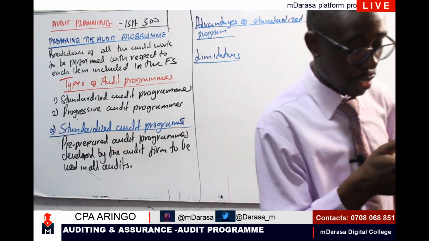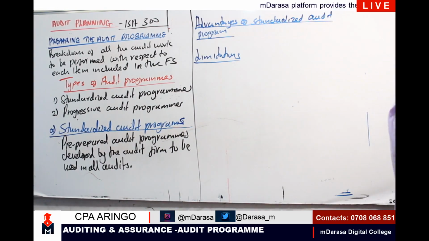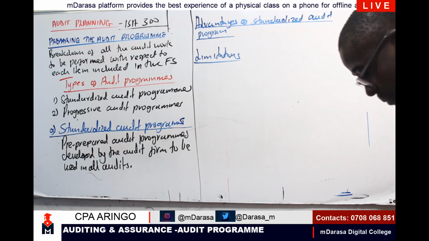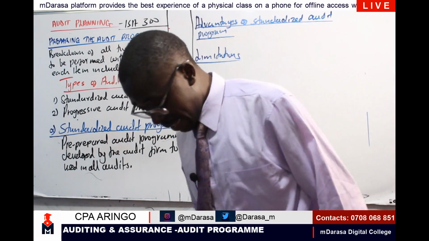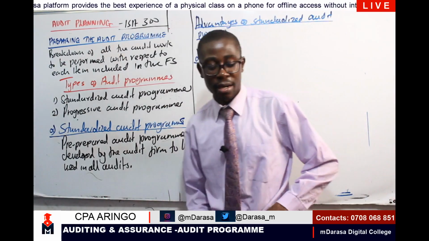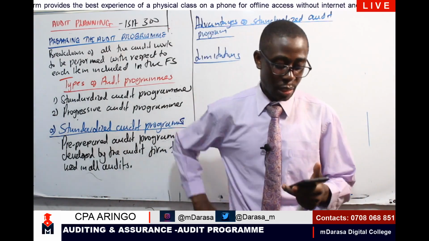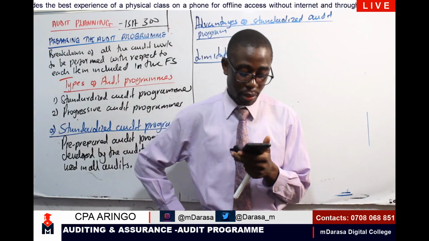That's why we are saying that they discourage initiative and use of auditor's judgment. The other point is the client staff may become familiar with auditors' programs. If I become familiar with your program, I can easily tend to play around with whatever you are doing, so that will not suit us best.